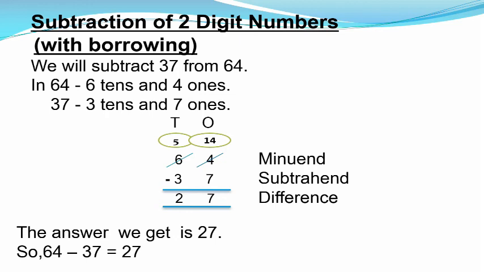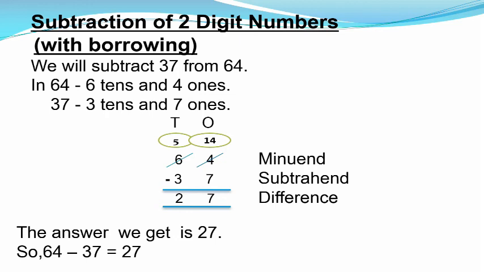So, 6 minus 1 is equal to 5 and 4 ones plus 10 is equal to 14. So, 4 becomes 14. Now, 14 minus 7 is equal to 7.